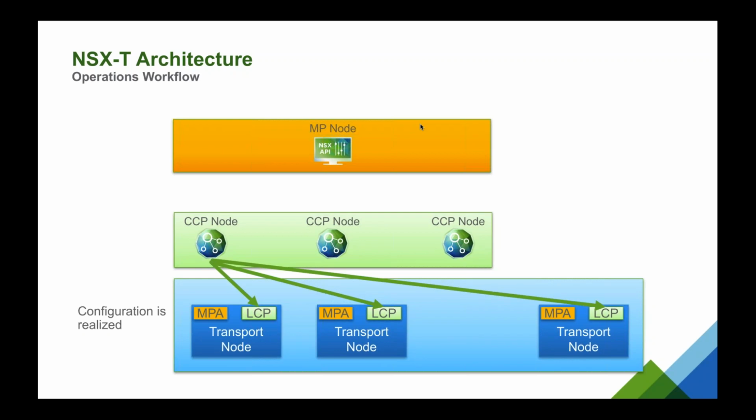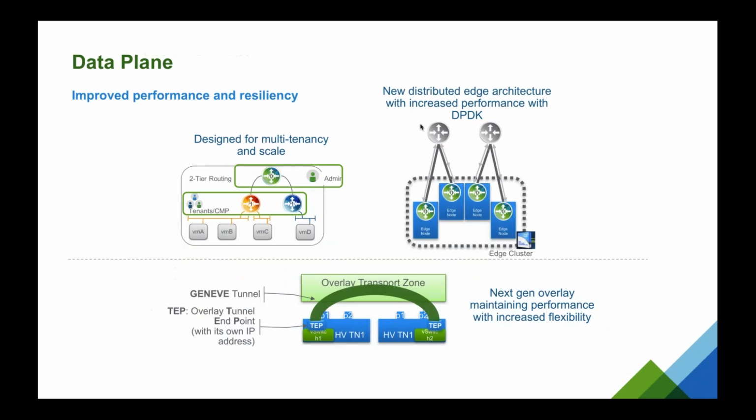And this is where the configuration is translated into low-level objects of the data path. As an example, in OVS, it would be OpenFlow entries in OVS that form the actual switching data path. So this is how things get realized in NSX-T.